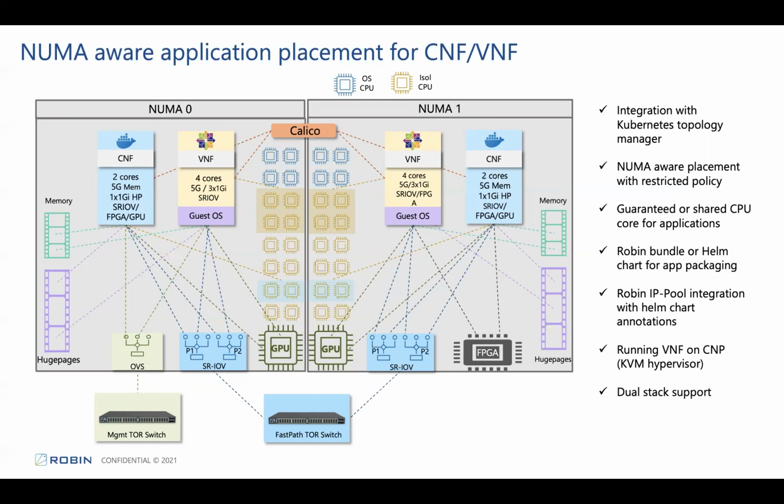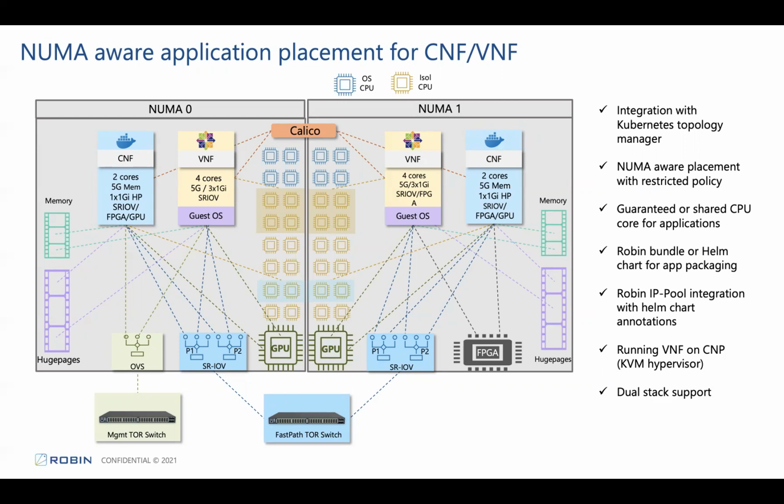And when you place your edge workloads into a worker node, typically the servers or the hardware servers have multiple NUMA nodes, NUMA 0, NUMA 1, or could be more. So the key condition for achieving the best performance on these edge applications for these x86 servers is by having resources from the same NUMA node.